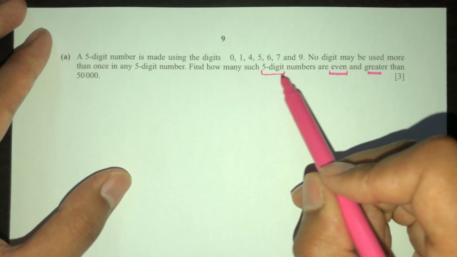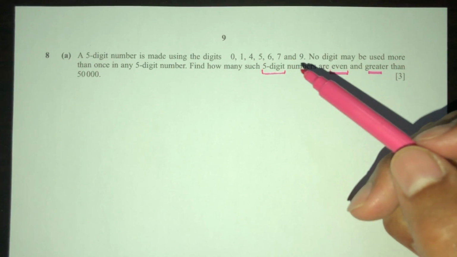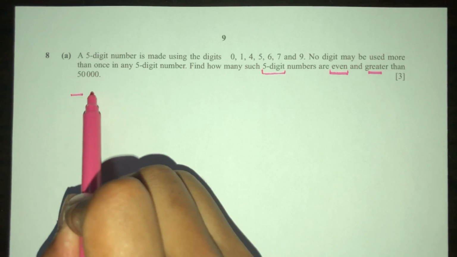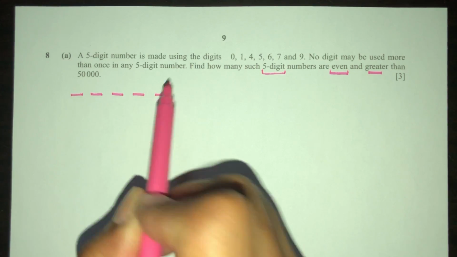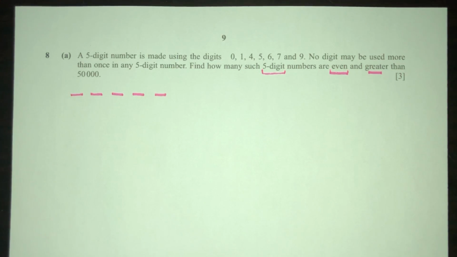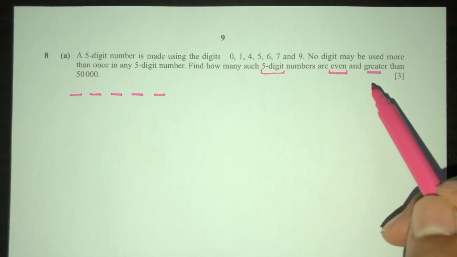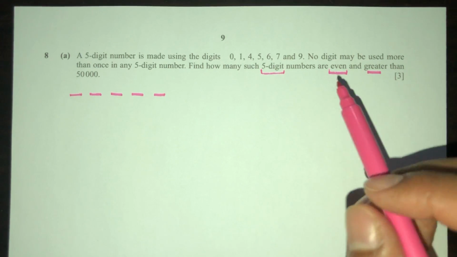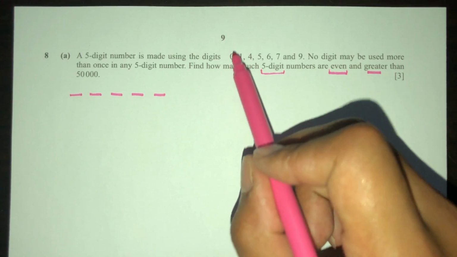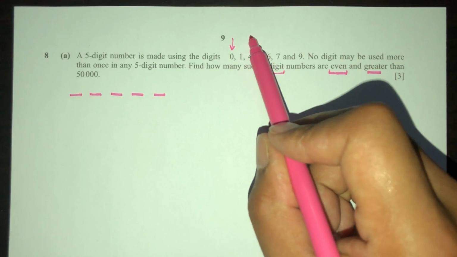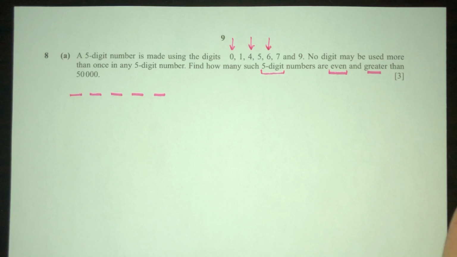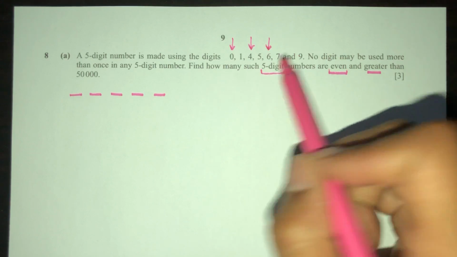If you need to form a 5-digit number, we have to have 5 spaces. 1, 2, 3, 4, and 5. Solved, right? Now if it has to be even, we understand it has to end with an even number. That makes sense. So in the list here we have 0 is even, 4 is even, 6 is even, right? So 0, 4, 6.